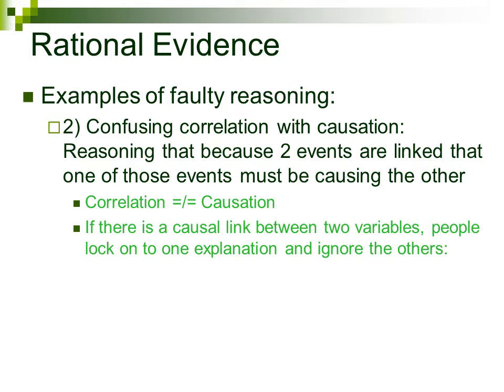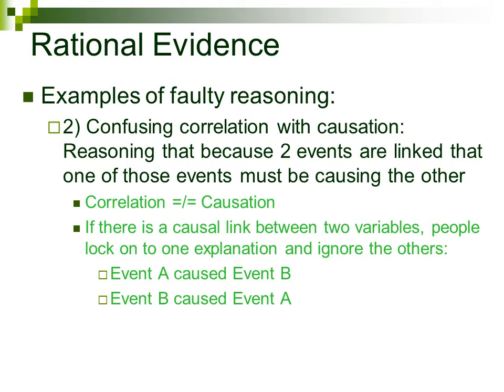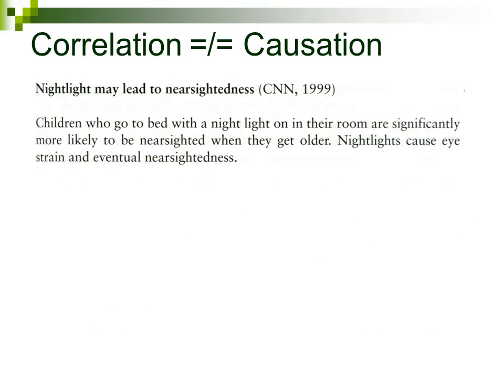So the idea here is that when two events occur together, that is, when there's a correlation between event A and event B, there are three basic possibilities for there being a causal relationship. Either event A causes event B, or event B causes event A, or some unknown factor C causes both events. The issue is that people often lock into one of these explanations and ignore the other two.